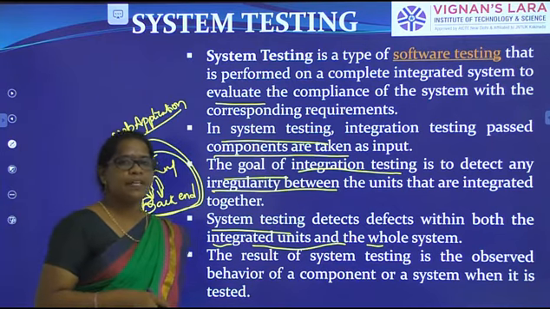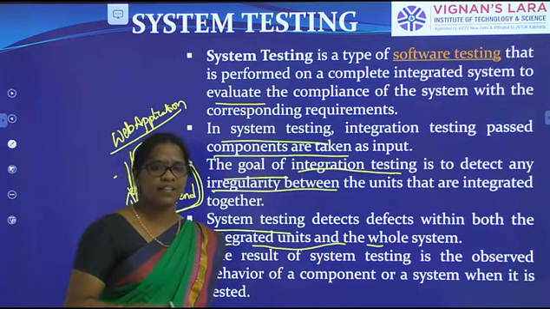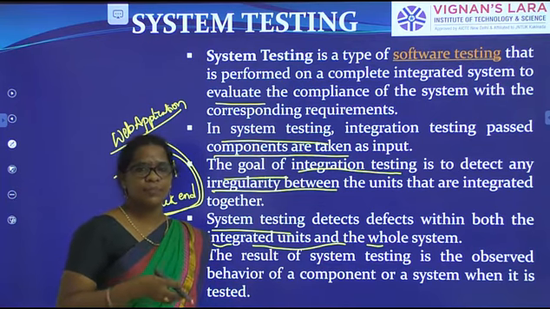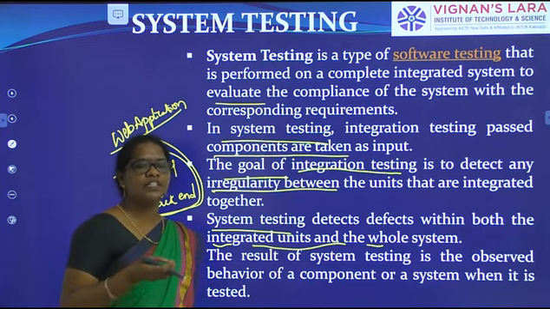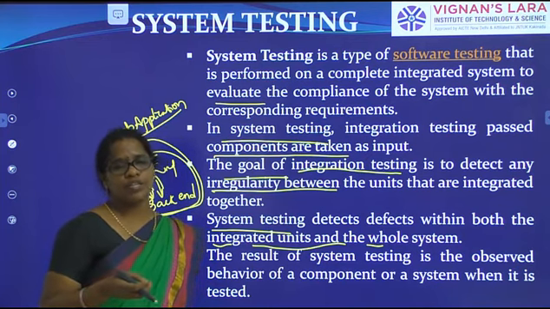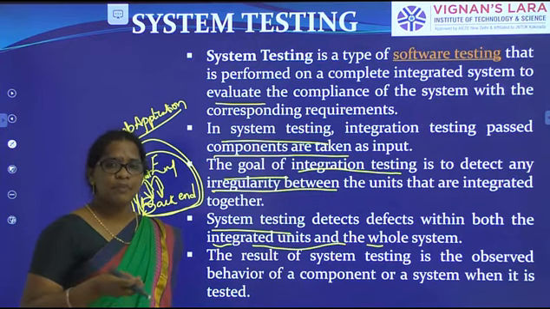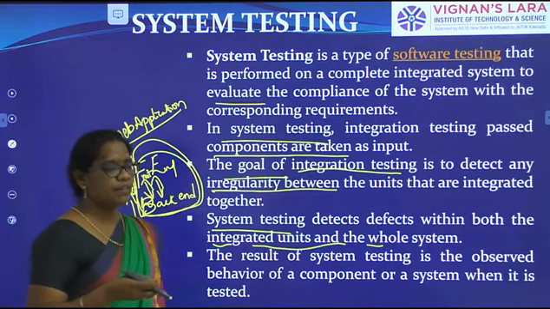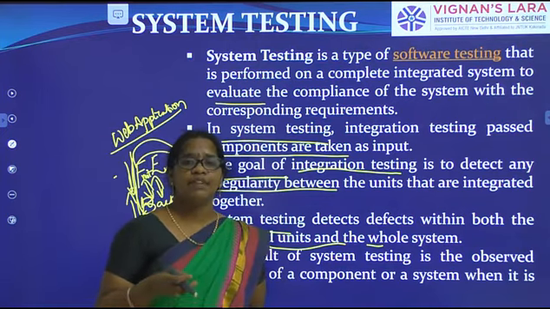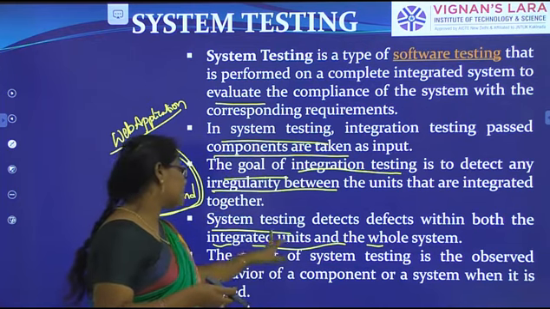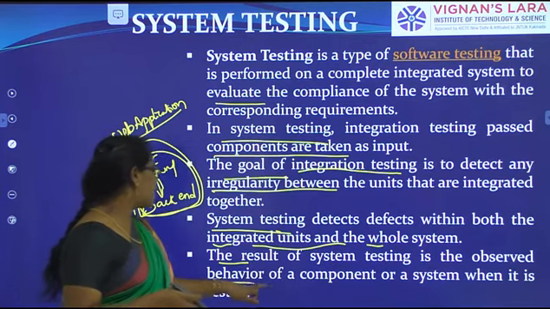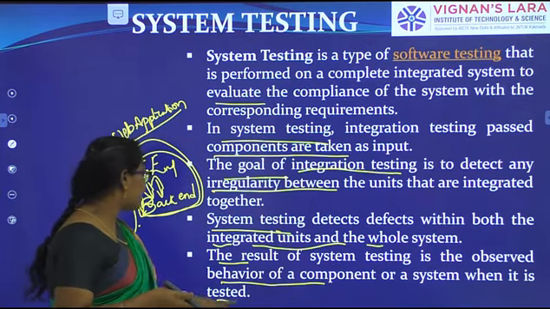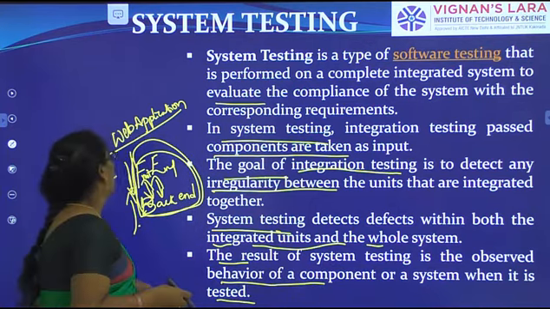In that web application, whether the pages are working properly, whether the controls, the submit buttons, check boxes and text boxes you have placed are working perfectly, will be checked by system testing. The result of system testing is the observed behavior of a component or system when it is tested.